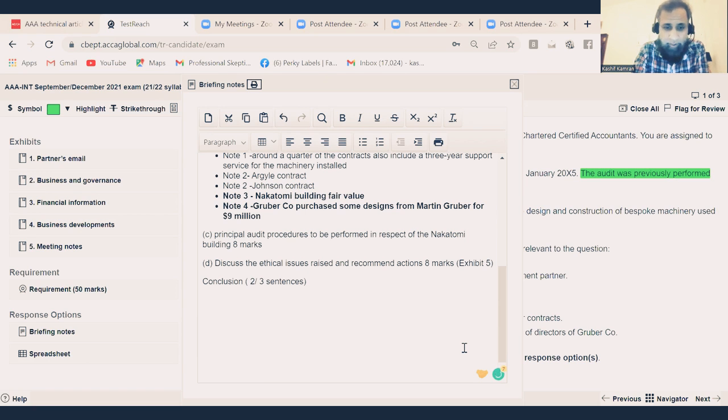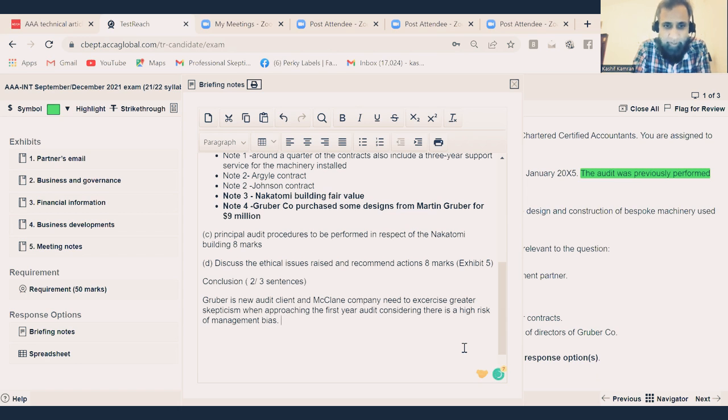So far, so forth. Grubber is a new audit client, and the McLean Company needs to exercise greater skepticism when approaching the first year audit, considering there is a high risk of management bias.